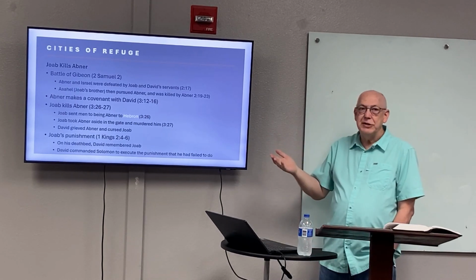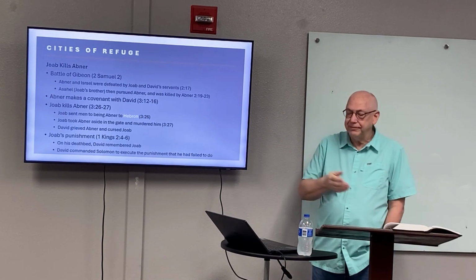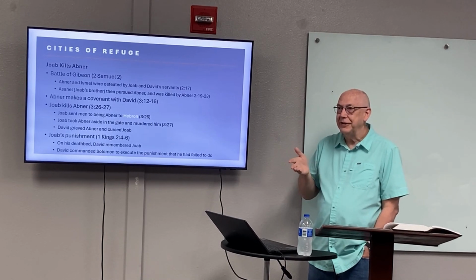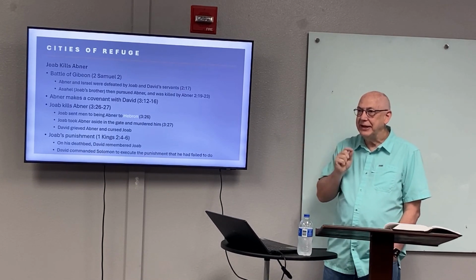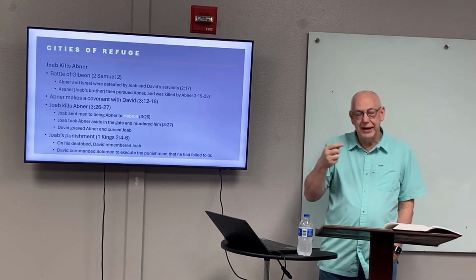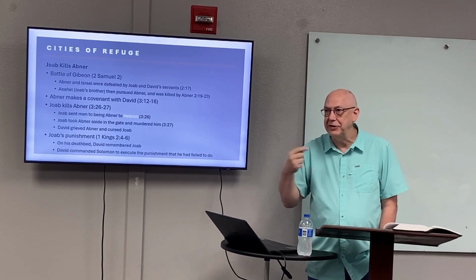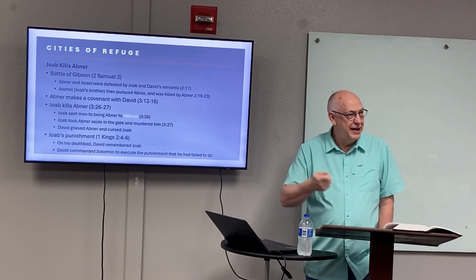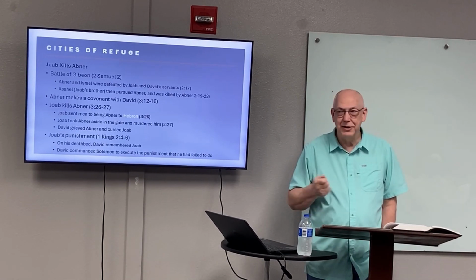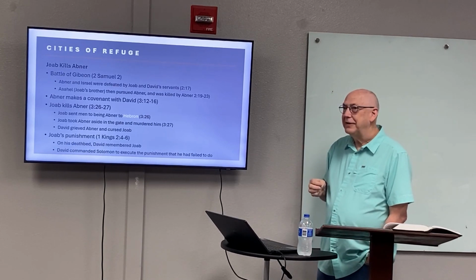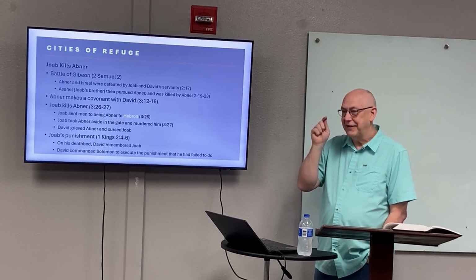Abner agrees, and while he's there, Joab meets him in the gate under the pretense of, I gotta tell you something, takes him off to the side and stabs him, kills him. In the sanctuary city, after David has pardoned him.